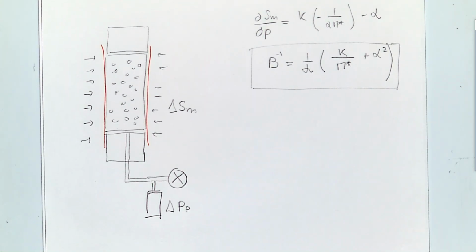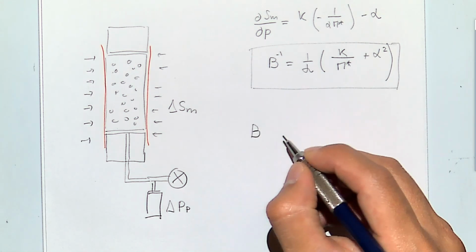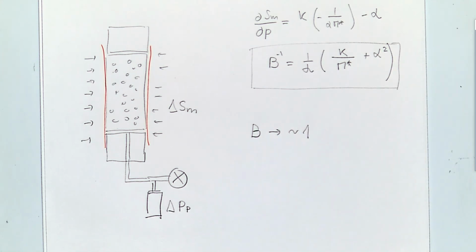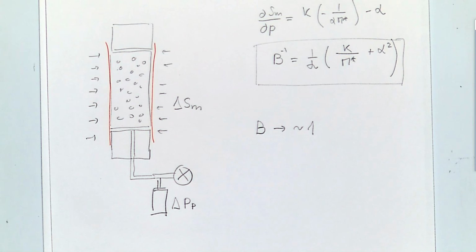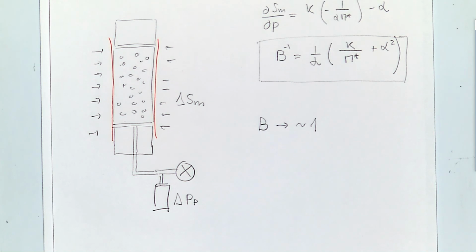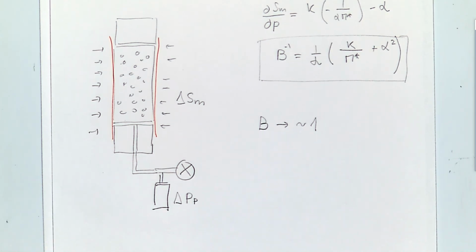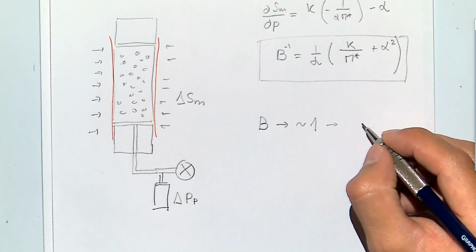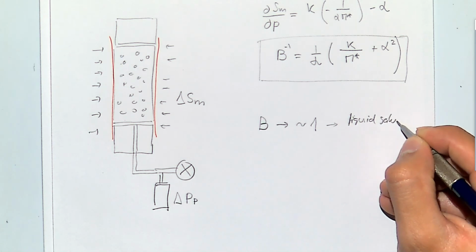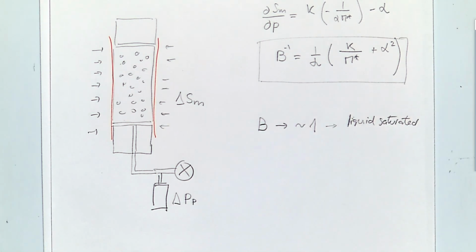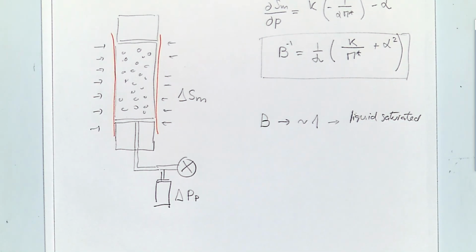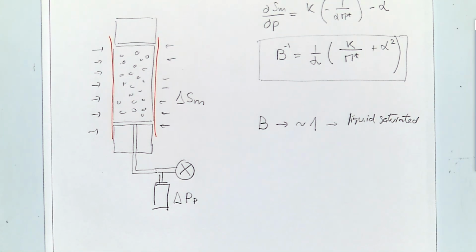Only once your B tends to a value close to 1, or at least to an asymptotic value, is when your rock is fully filled with fluid, for example liquid. Otherwise, it is not. And if it is not saturated with the liquid, then your P wave velocity is going to be, again, a lot lower than it should be with saturated conditions.